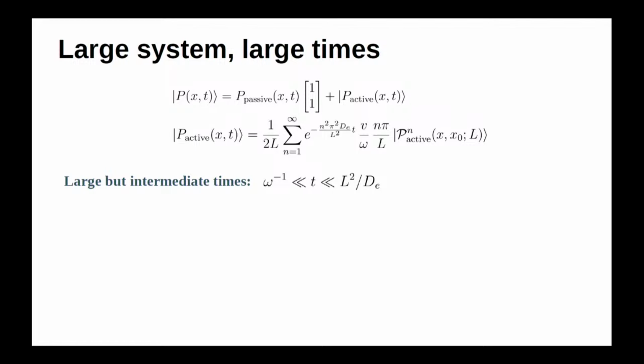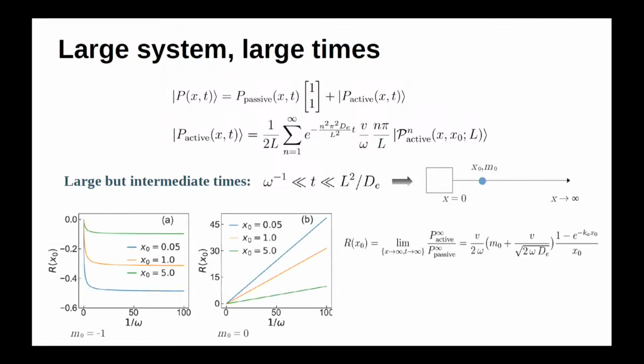In that regime you assume the system to be a semi infinite system, and this problem can be solved analytically, you can actually find the spectrum. It turns out that if you sum over all the terms, you call this the active term, you know the passive contribution, and you take the ratio, call it R, then in this intermediate large time regime this R can be very large.